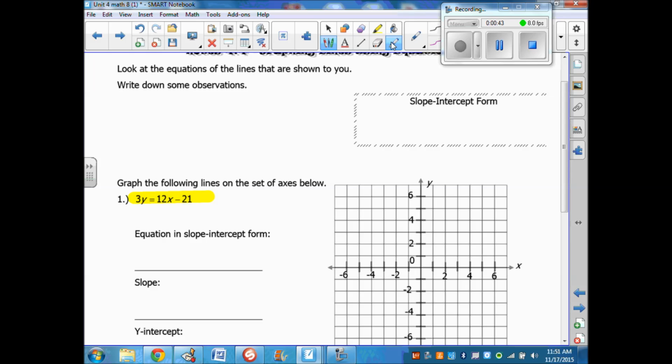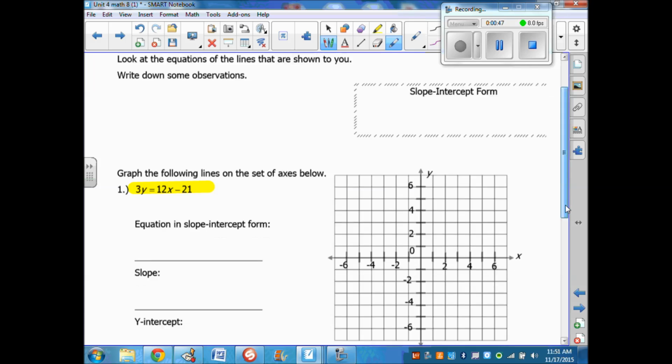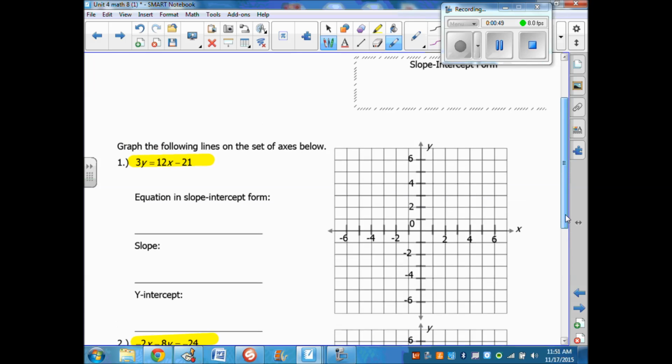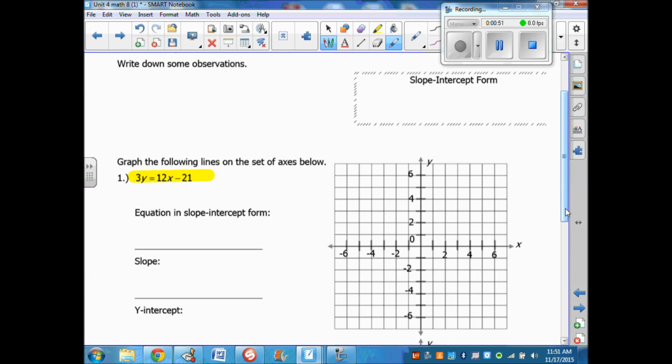So hopefully some of the things that you may have written down, I'm just going to scroll this down so I can see that other one in front of me. Okay, so y is not by itself. Hopefully maybe that's one of the ones that you wrote down. Maybe you wrote down there are x's, y's, and numbers.